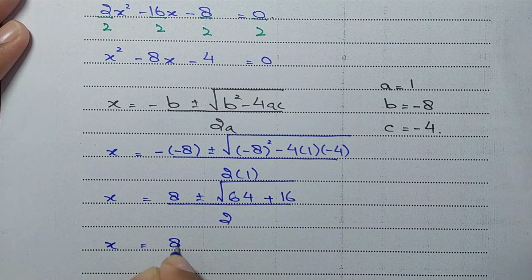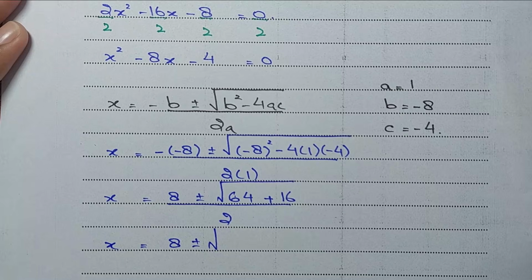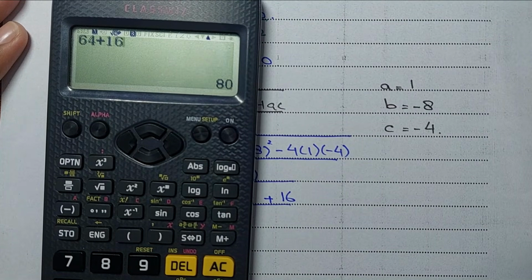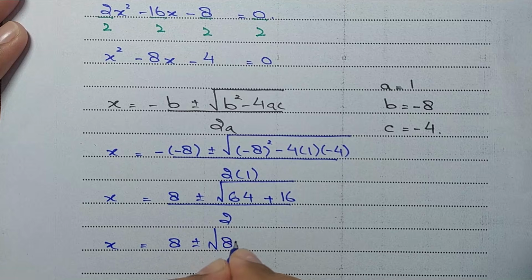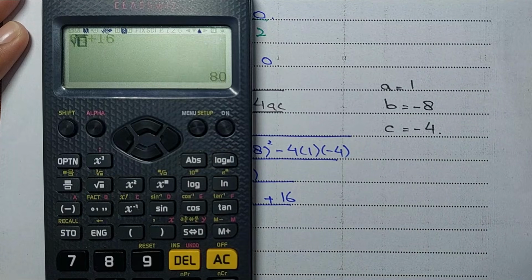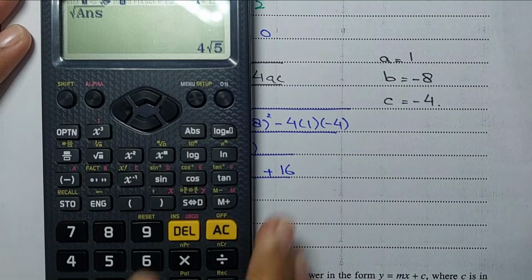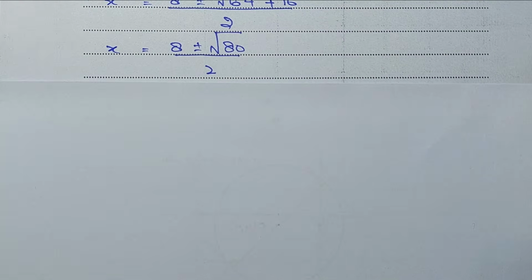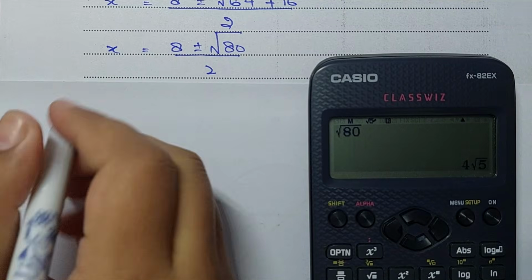x would be equal to 8 plus minus square root of, what is 64 plus 16? 80, divided by 2. What is root 80? 4 root 5. Now we can write root 80 as 4 root 5.